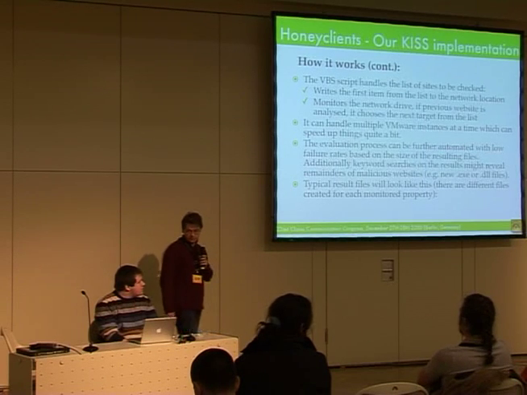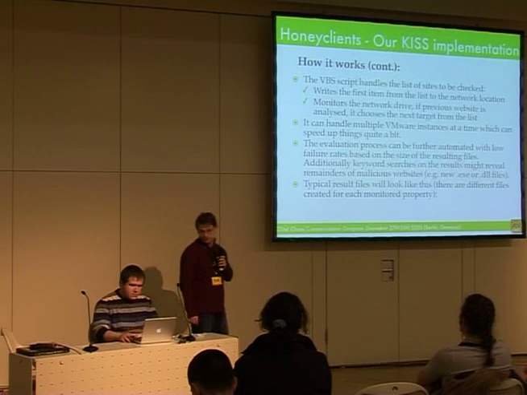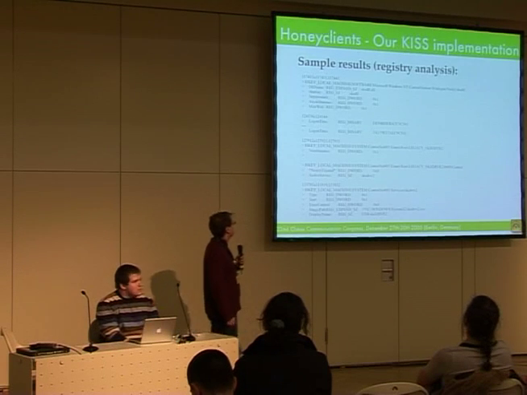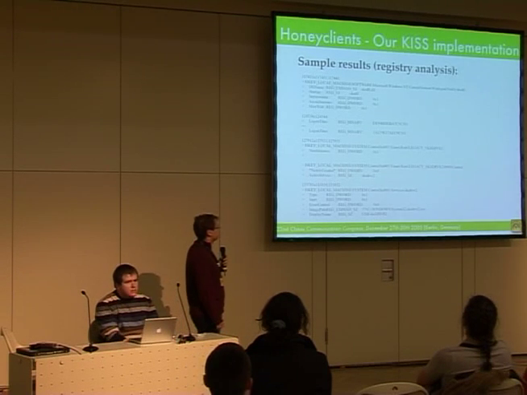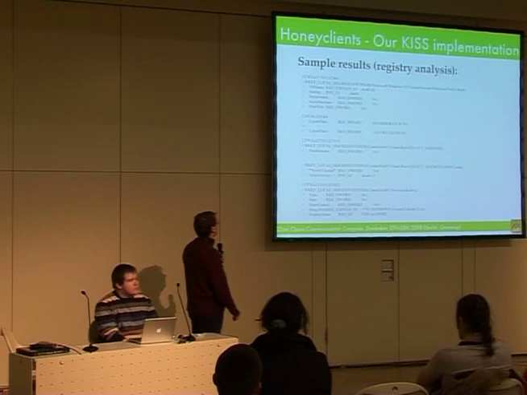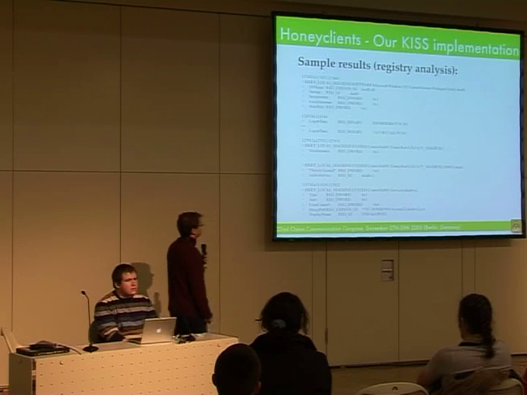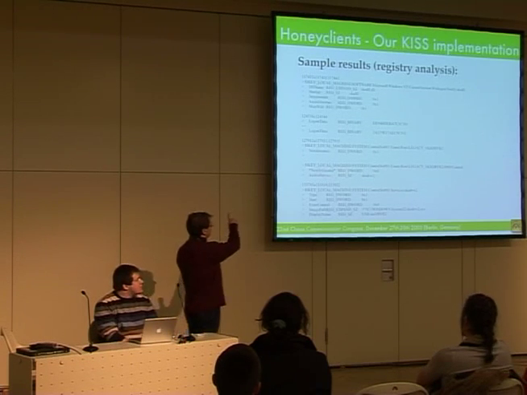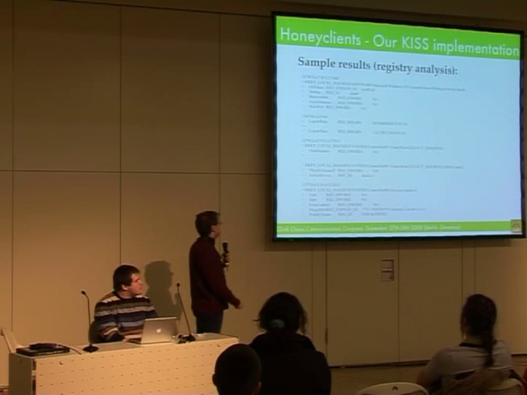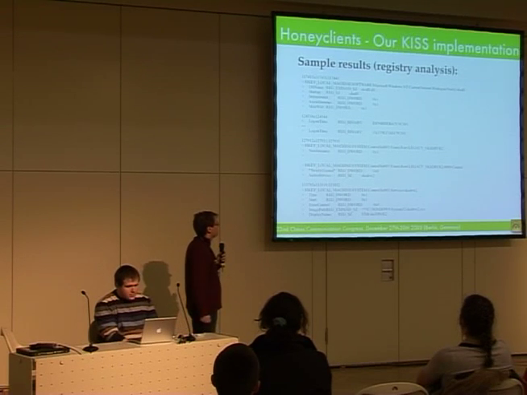Okay, and the typical results of this tool look like this. This is, for example, the registry changes. You see that one registry entry, the logon time, disappeared and a new registry entry gets in, and the other ones are new entries.